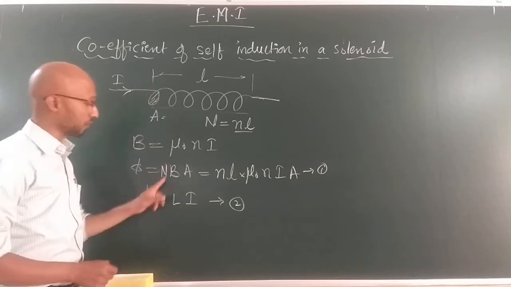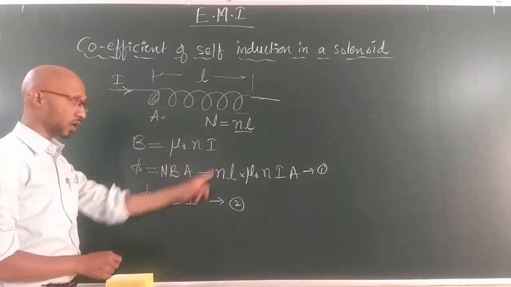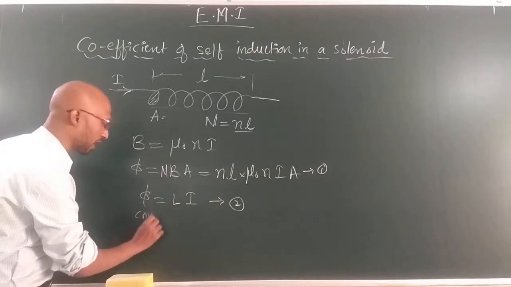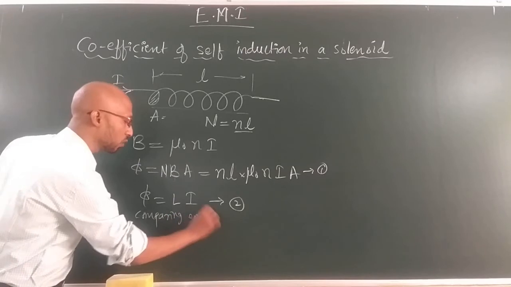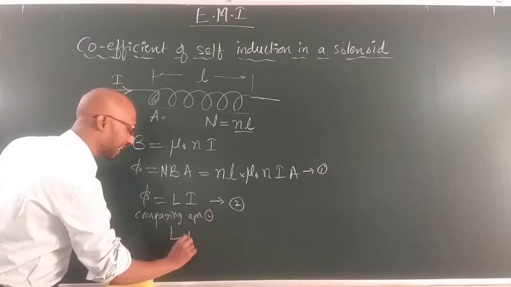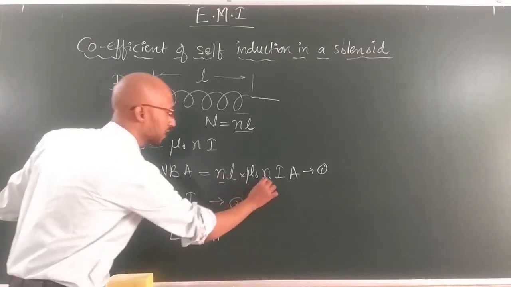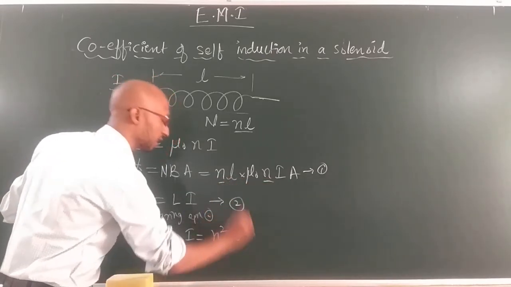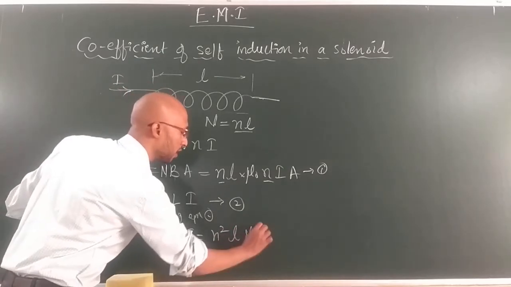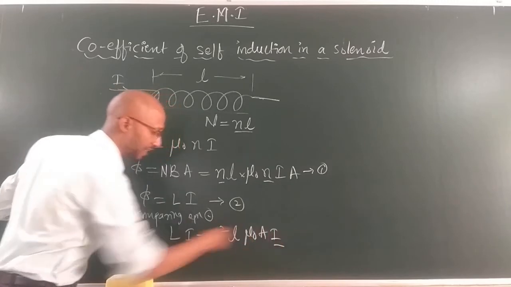According to the definition of self-inductance, the flux linked is L into I. Comparing equations 1 and 2, L into I equals n squared, because here N becomes n L, so n squared L mu naught A into I. Here I and I get cancelled.